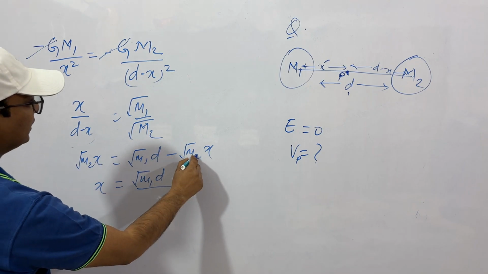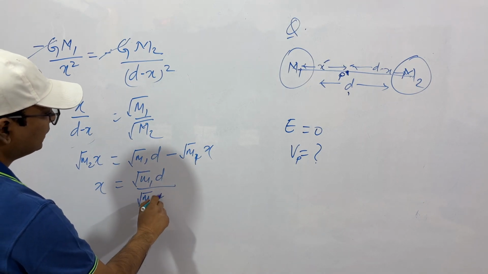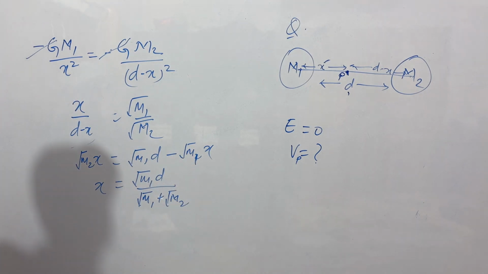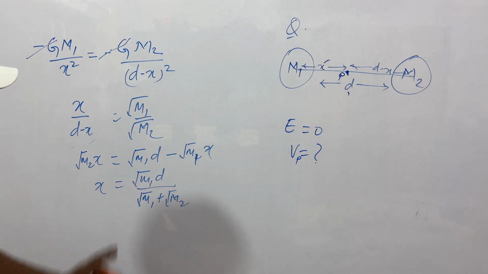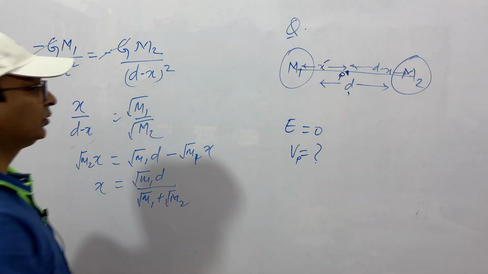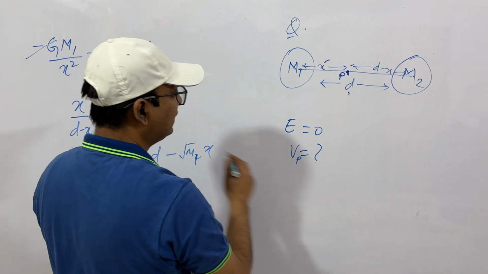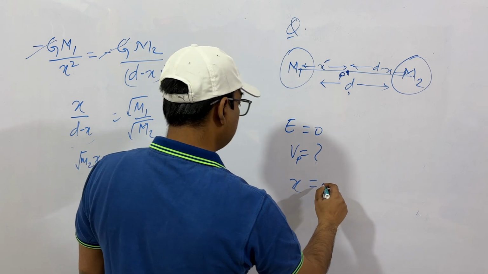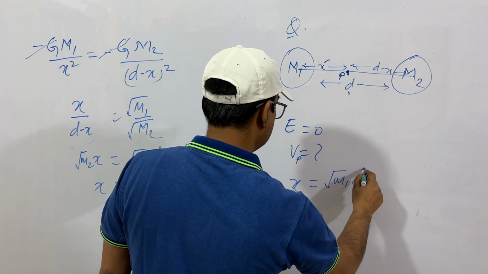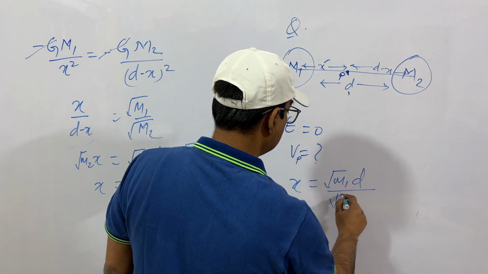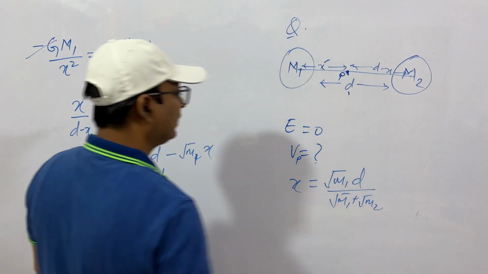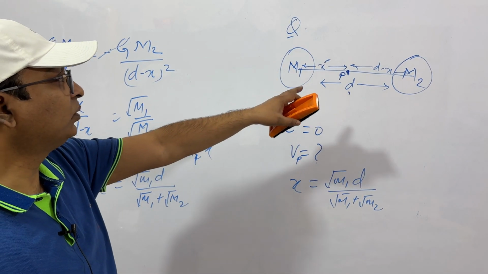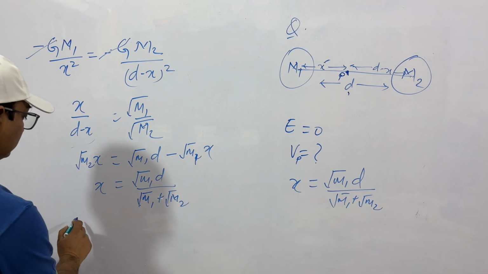root m1 plus root m2. So this is the relation between x and d. Okay. So when we find the potential, we'll need to know d minus x, what it is.